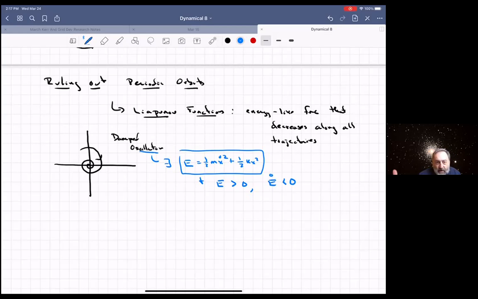I'm losing energy in the damped oscillator. So if I have a damped oscillator, then I can construct this function called the energy, and the energy will be positive everywhere. If it was a simple harmonic oscillator, E dot would not be negative. But E dot is negative everywhere in the phase plane on every trajectory.